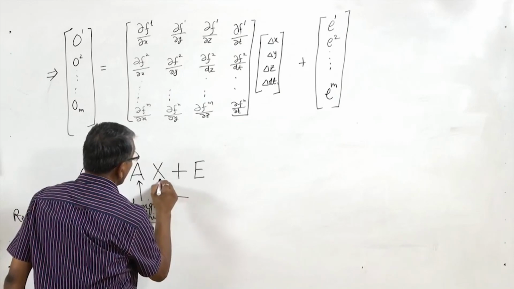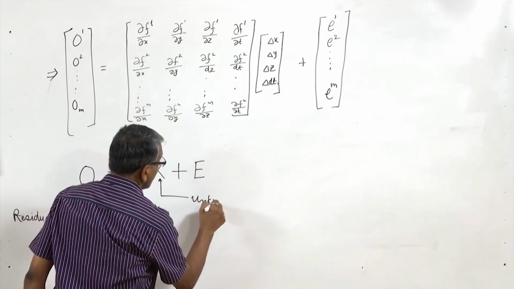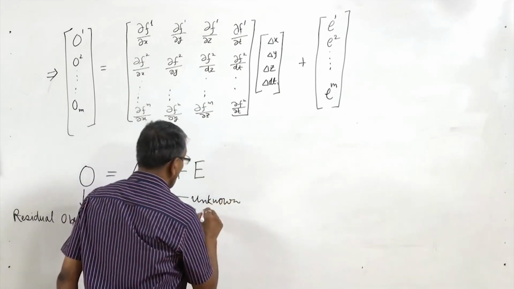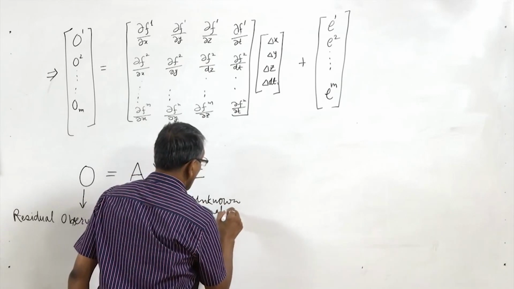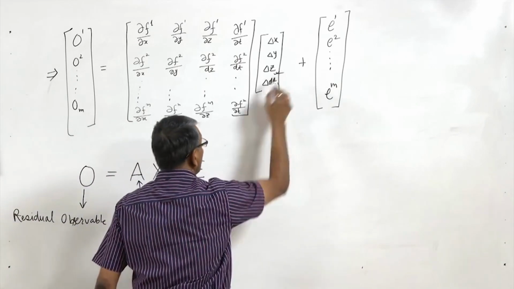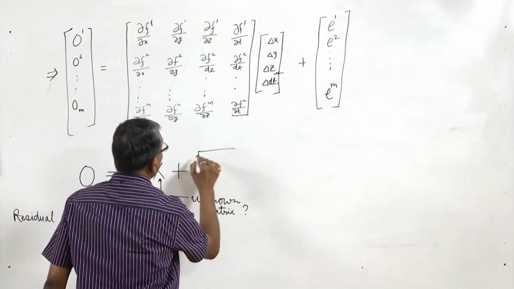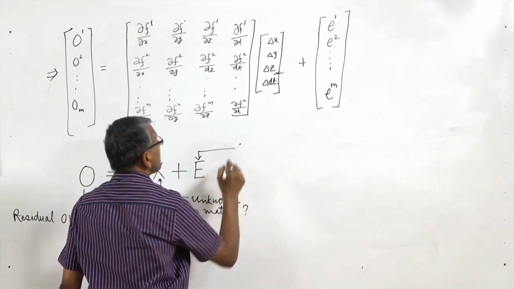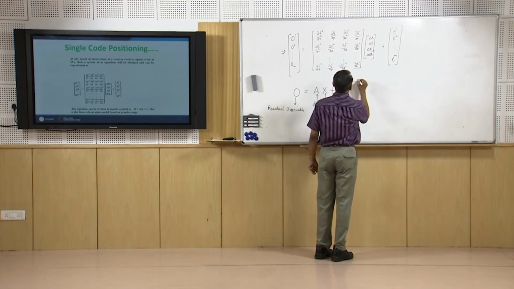X is the unknown matrix, which we want to find out, the unknown parameters involved in this matrix. E is the error matrix or the residual error we have.